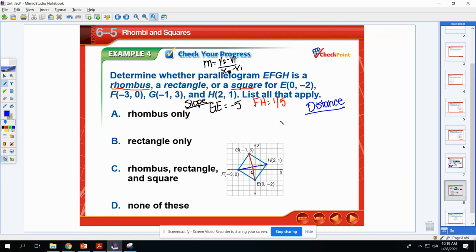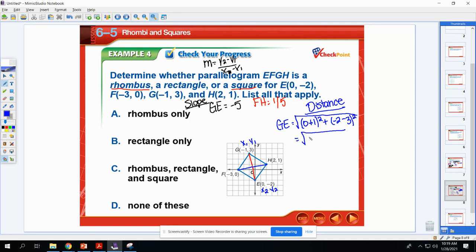So distance is going to be, let's start with GE. I'm going to throw this in the distance formula here. So G, I'll call x1, y1. E, I'll call x2, y2. Got to throw in that distance formula, x2 minus x1 squared. So 0 minus a negative 1 squared, or 0 plus 1 squared. Y2 minus y1 is going to be negative 2 minus 3 squared.